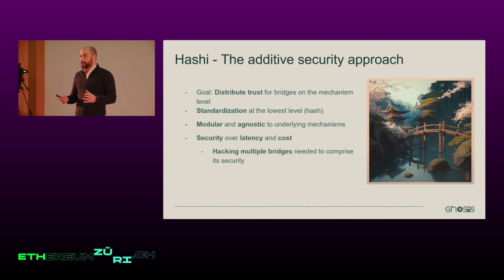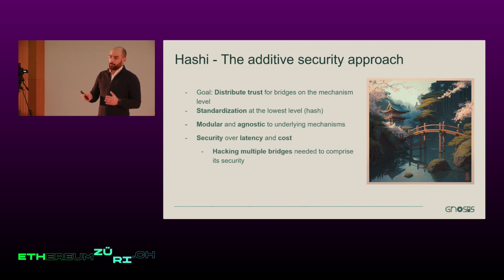And you can imagine this kind of mechanism prioritizes security over latency and cost. So this is a lot slower, of course, and a lot more expensive. But in order to compromise such a mechanism, you need to hack multiple bridges in parallel at the same time. So here there is a clear trade of security over latency and cost.